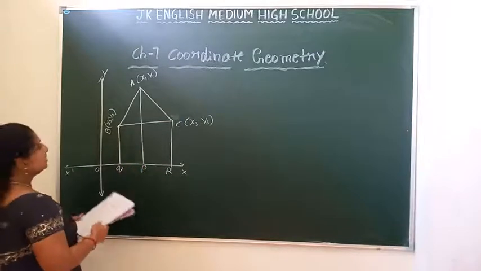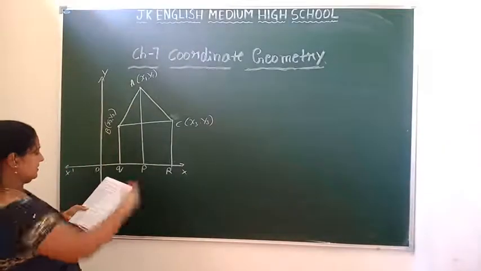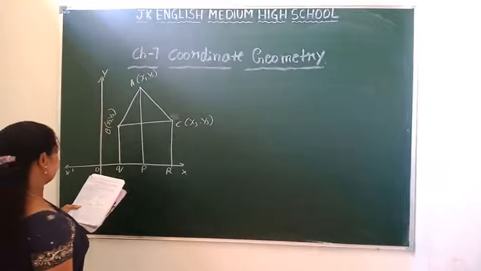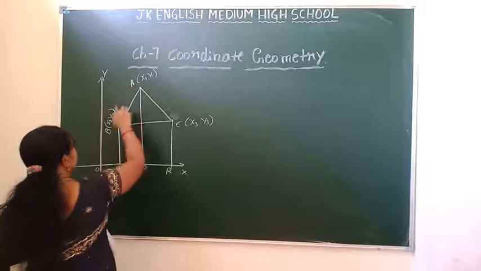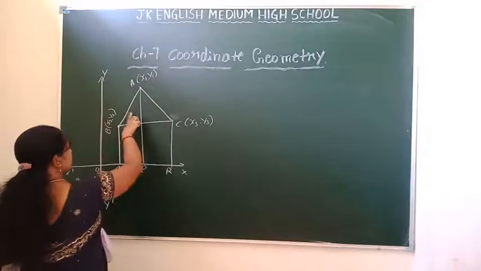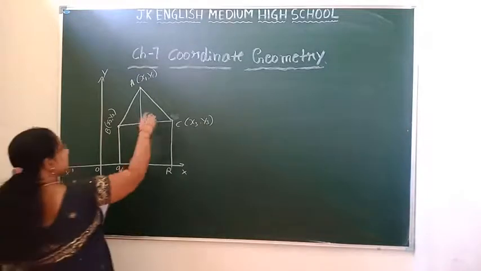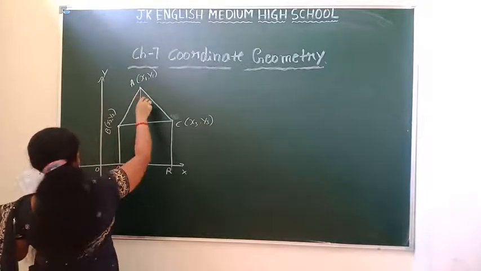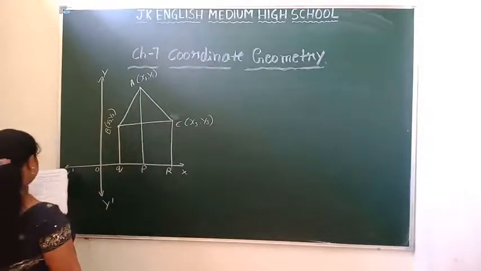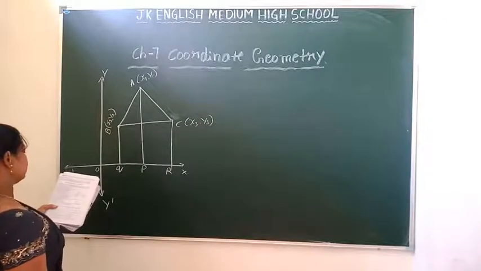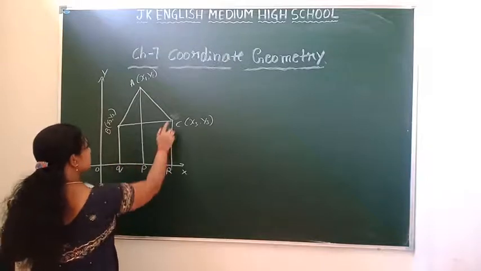Area of triangle ABC equals area of trapezium ABQP plus area of trapezium APRC, the sum of these two areas. From that, we subtract the area of trapezium BQRC.